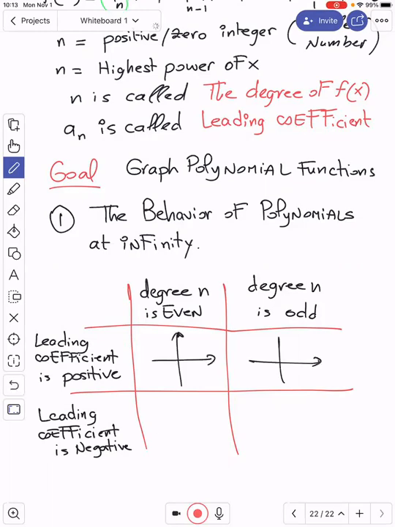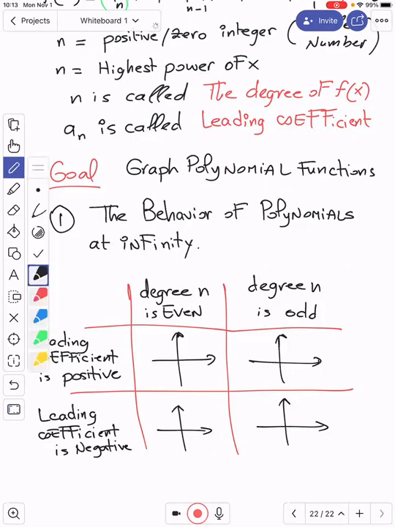At infinity, the graph of f is going to depend on whether the degree is even or odd, and on the sign of the leading coefficient. When the degree is even and the leading coefficient is positive, the behavior at infinity of the graph is going to look like the following.